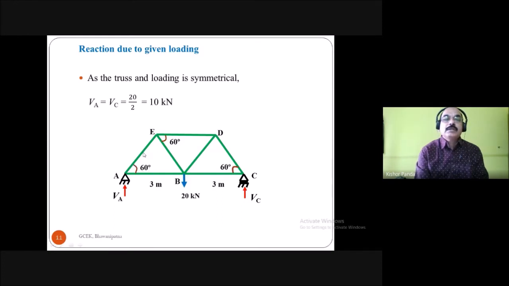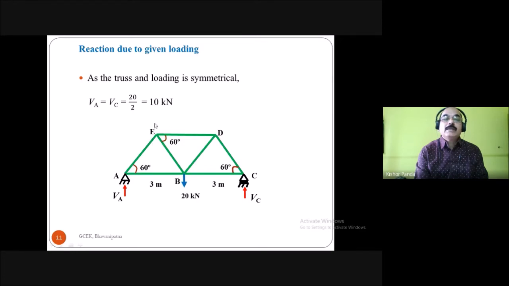Then you have to draw the free body diagram of joint A, consider the forces acting at joint A, and find the force in members AB and AE.